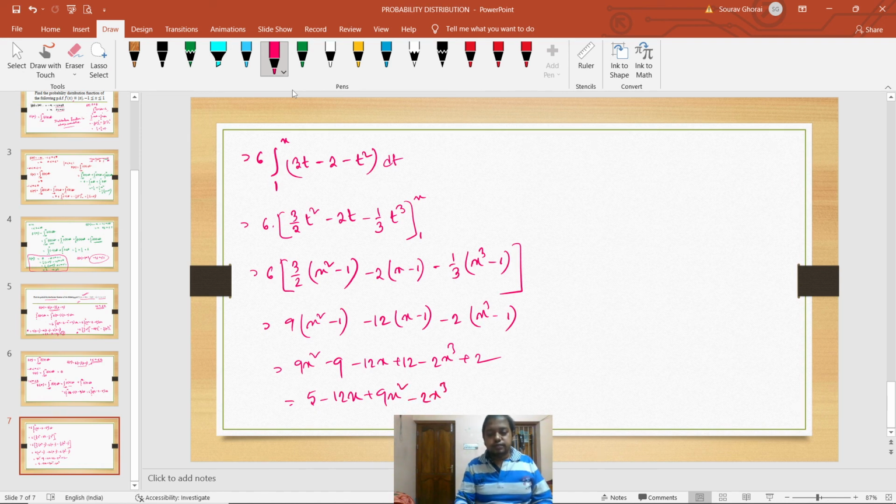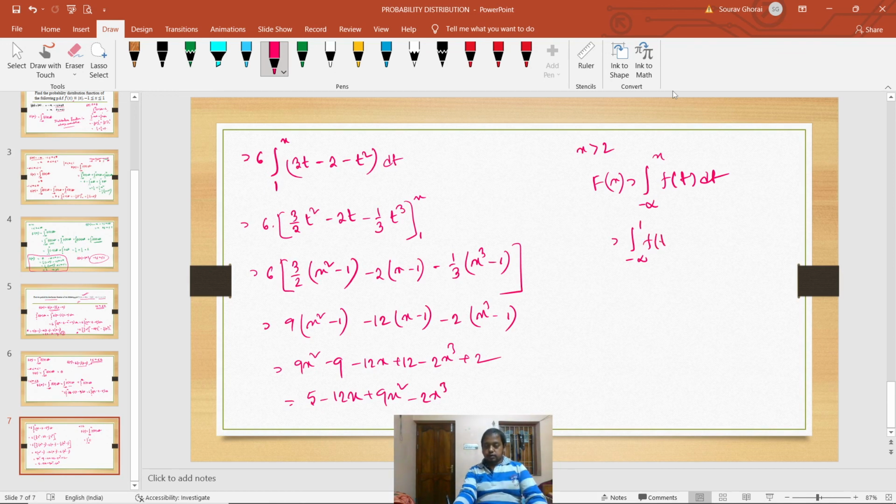So this is the probability distribution function, and now when x is greater than 2, F of x is the integral of f of t dt. Here we will get the integral from minus infinity to 1 of f of t dt plus the integral from 1 to 2 of f of t dt plus the integral from 2 to infinity of f of t dt.